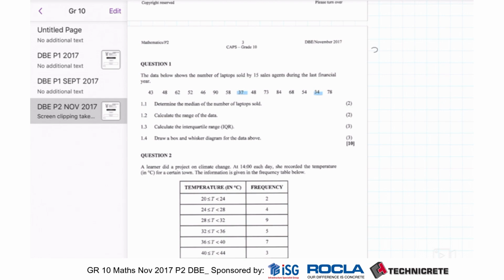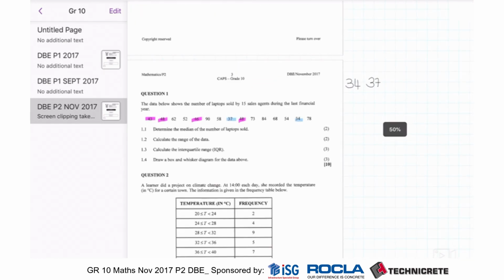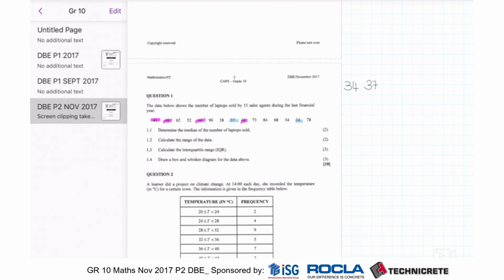So the next one, we're looking for 40s. We've got 43, 46, 48, and another 48.